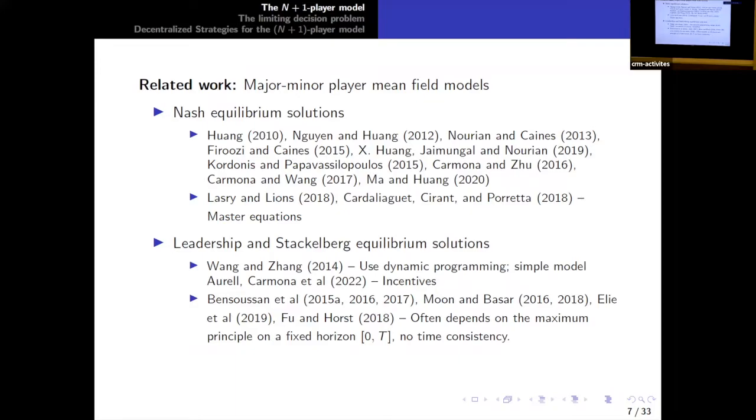When we use dynamic programming to get the solution, essentially you will have time consistency. But for this class of models, somehow the situation is a little bit messy. We do not have time consistency so far.